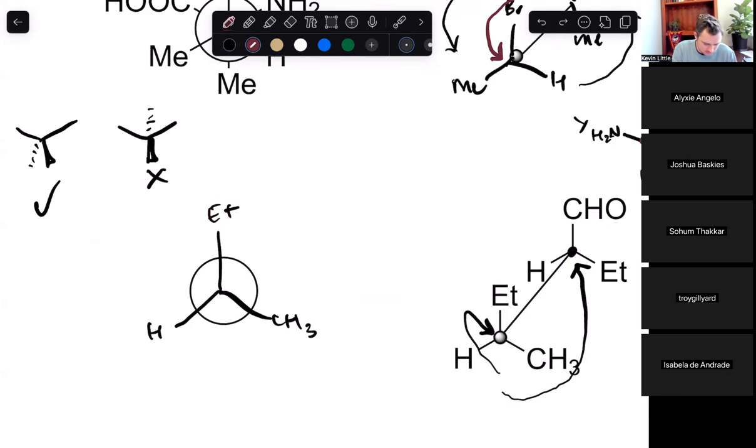Yeah, because you can't see anything. It does not matter to me if you do it slightly to the right or slightly to the left. We really only draw this in two ways. We either draw it eclipsed, where these things overlap very clearly, or we draw them staggered, where this thing is perfectly in between these two. As long as I can tell that you're trying to draw eclipsed, it does not matter if it's left or right.